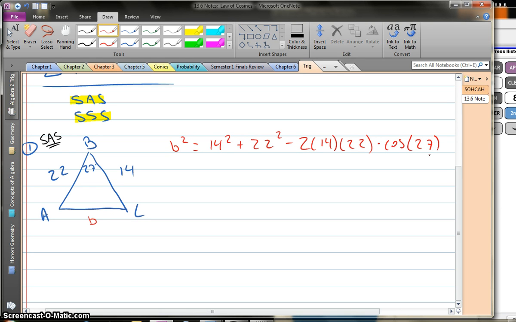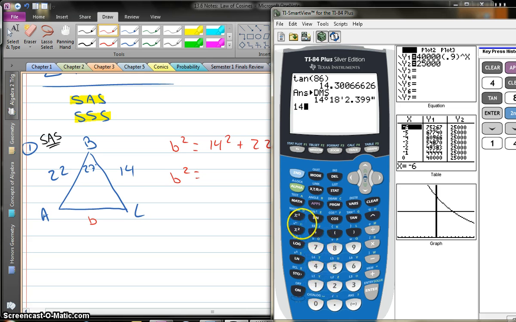And now you're just going to put all that in your calculator. You're going to do each piece, and we should get b squared equals 14 squared plus 22 squared minus, in parentheses, 2 times 22 times 14 times the cosine of 27, then close the parentheses.